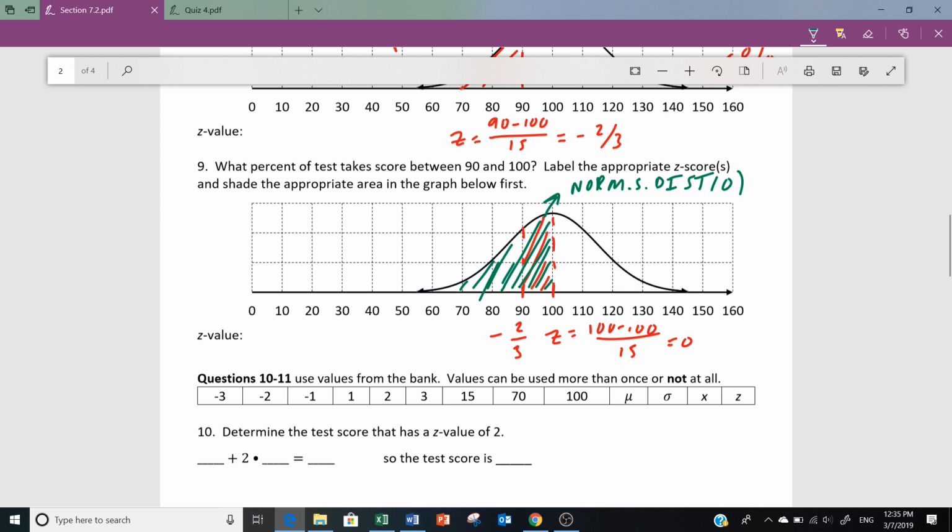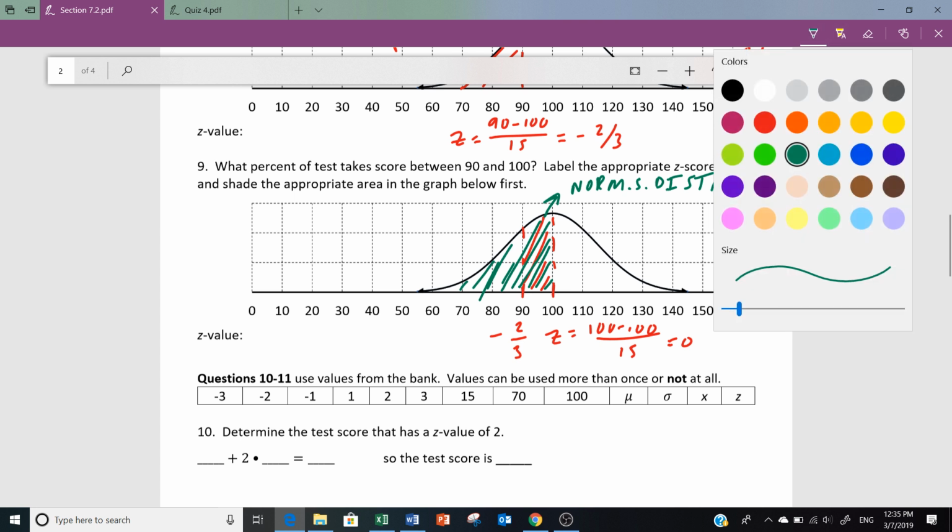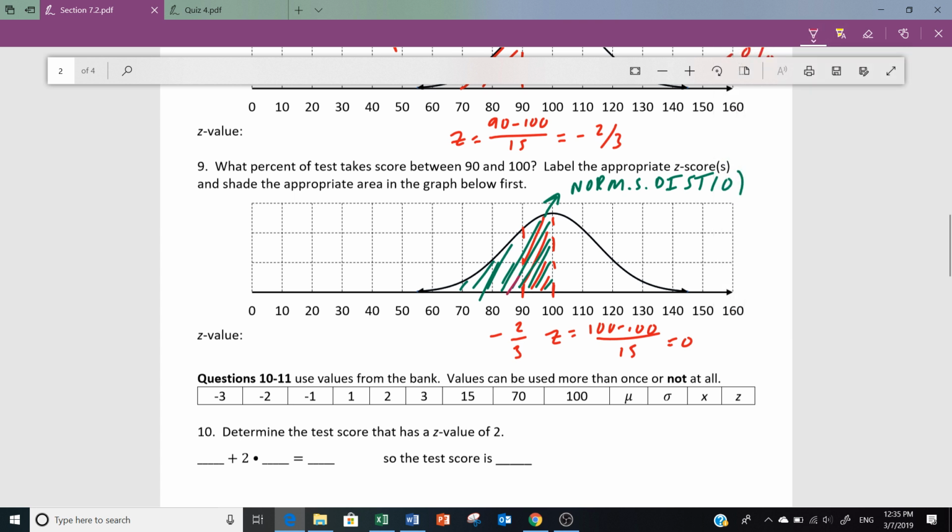I have to do norm.s.dist of this value over here. Let me put it in purple. How do we find that purple area? It's norm.s.dist of negative 2/3. So I want to do norm.s.dist of negative 2/3.